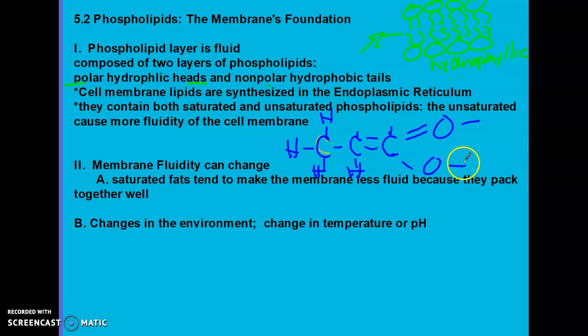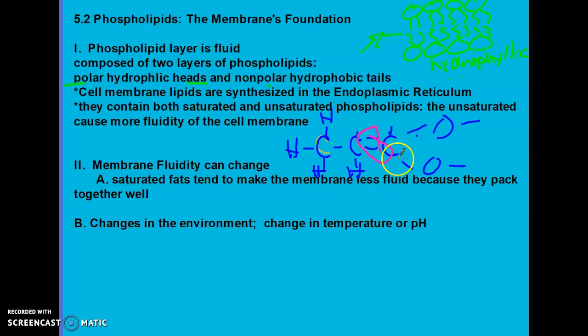This molecule is more kinked. It actually will kink here instead of being in a nice straight line. I have too many bonds on my carbon. If you remember, carbon has 4 bonds, so let's take one of those off too. But anyway, this would be a kink in the molecule right here, and this would make our membrane a little bit more fluid. So that's the difference between a saturated and unsaturated.